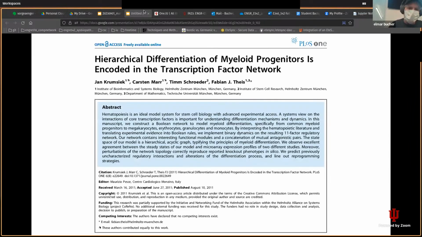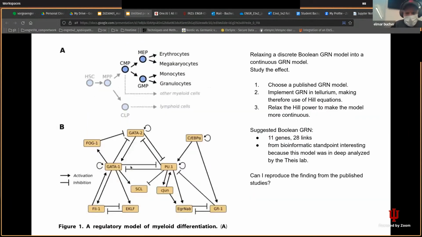I found this paper, where the differentiation of myeloid cells is encoded in transcription factors. And it's an interesting model because it's not too big to implement. This is the network. There are 11 genes and 28 links.